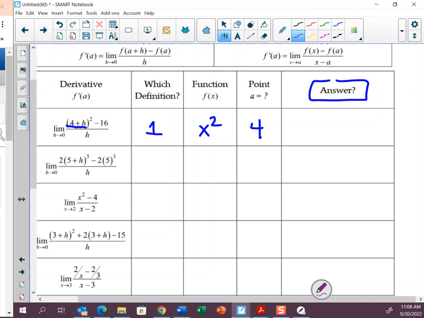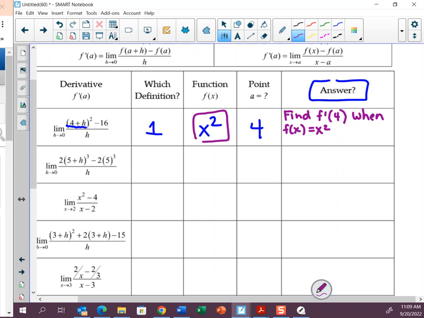After today's lesson, I can take those 2 pieces of information and generate the limit answer without doing the limit. Because here's what that limit is saying. It's saying, hey, find f prime at 4 when f of x is x squared.